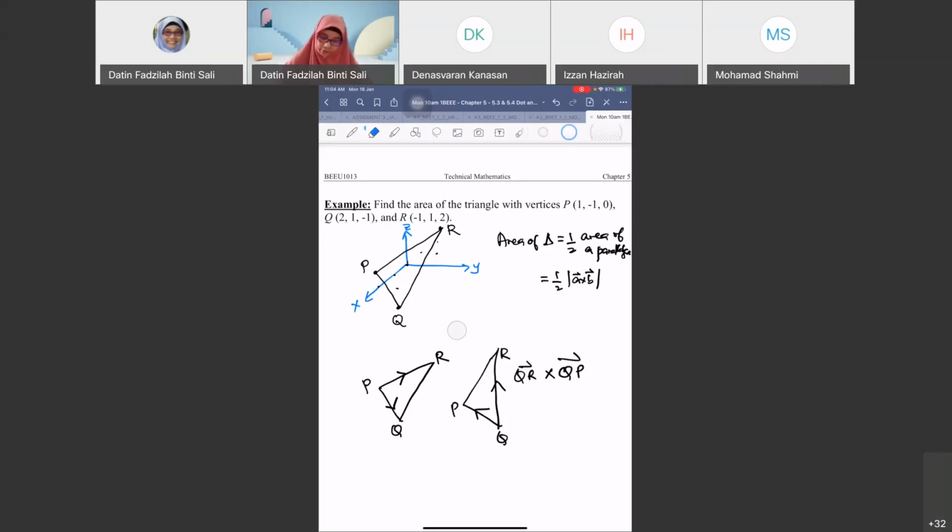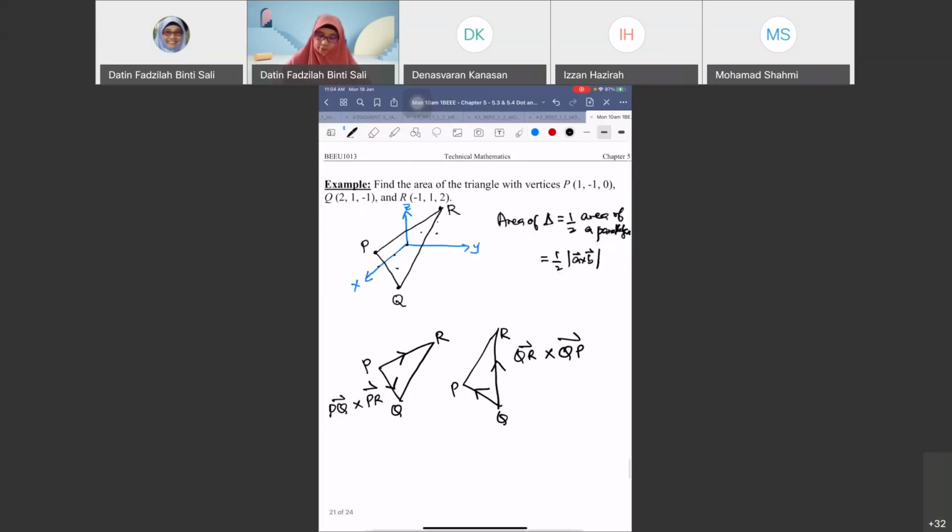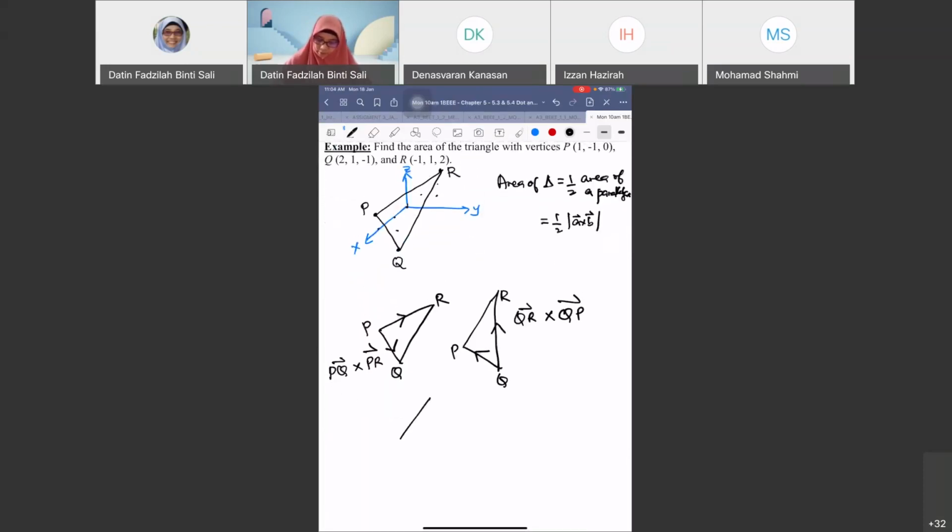Or maybe other people look at it differently and say RP cross RQ.